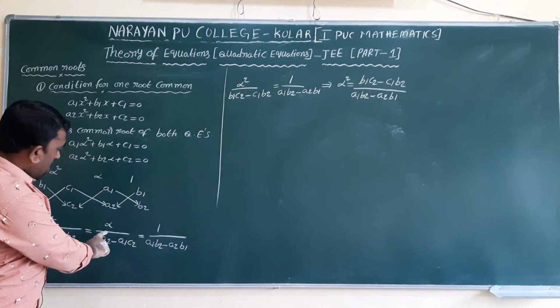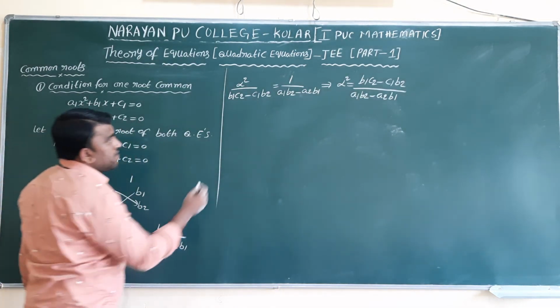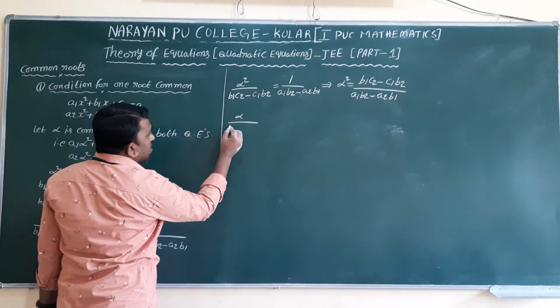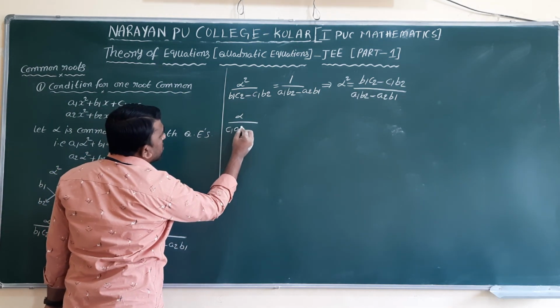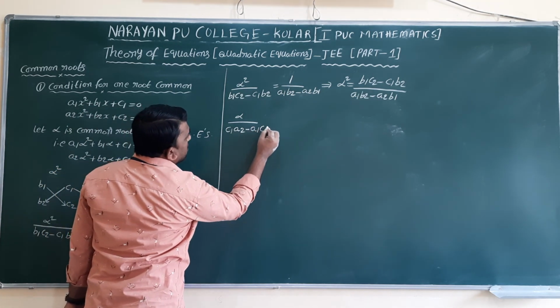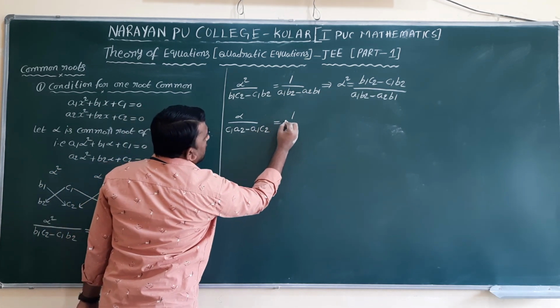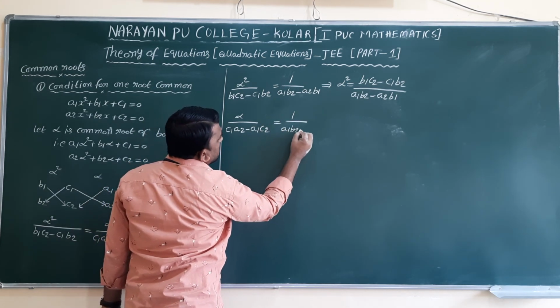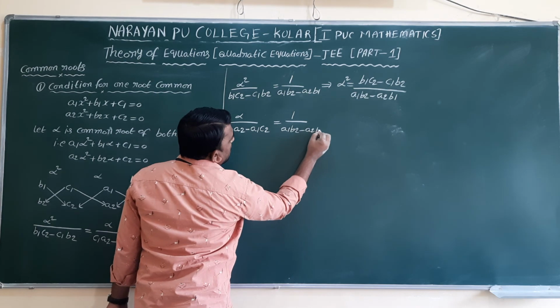Next, equate alpha and the constant. Alpha divided by c1 a2 minus a1 c2 is equal to 1 by a1 b2 minus a2 b1.